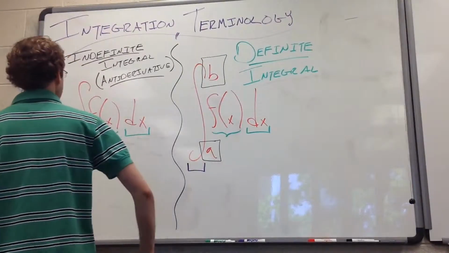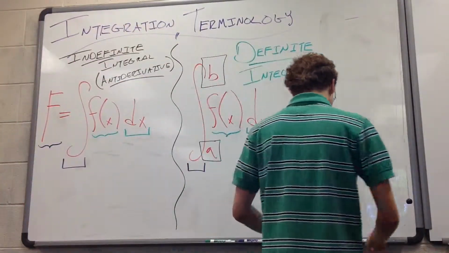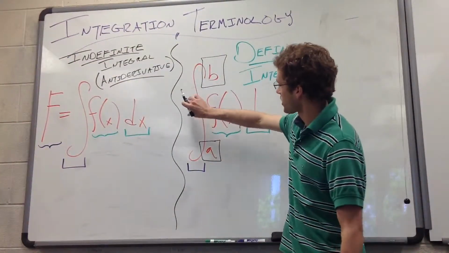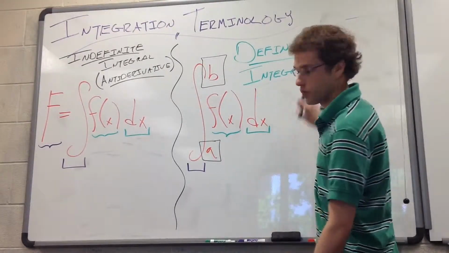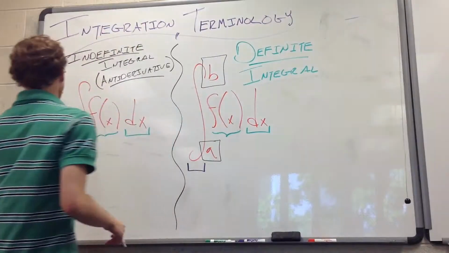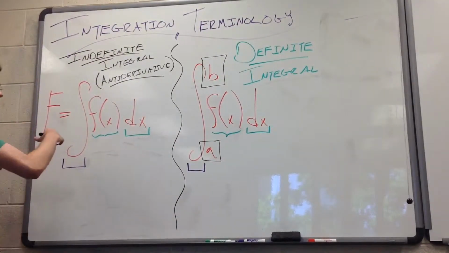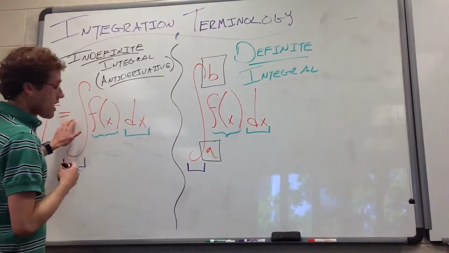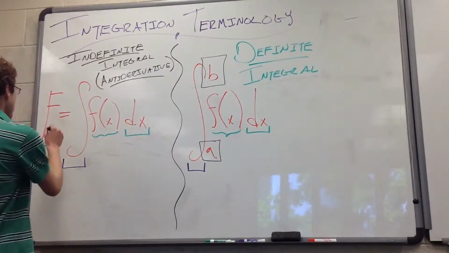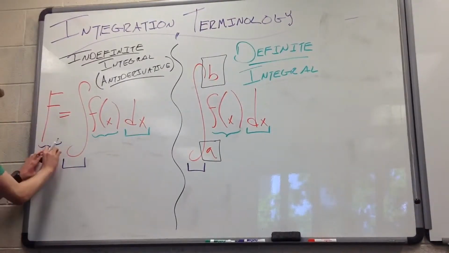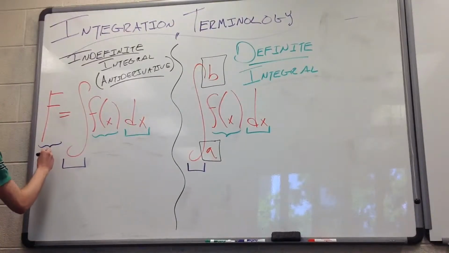Let's talk about the indefinite integral first. You notice that this just is the integral from a to b of f of x dx. That's all this says over on the definite integral. But on the indefinite integral, we have this F over here. F equals the integral of f of x dx. So this F, all this stands for, this just means antiderivative.